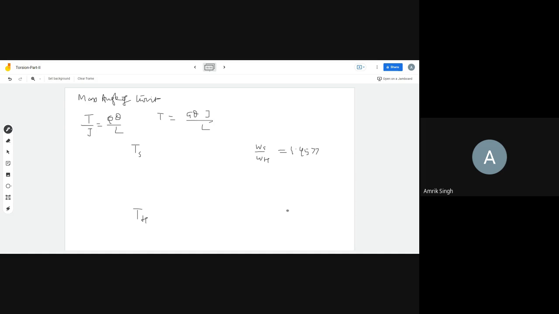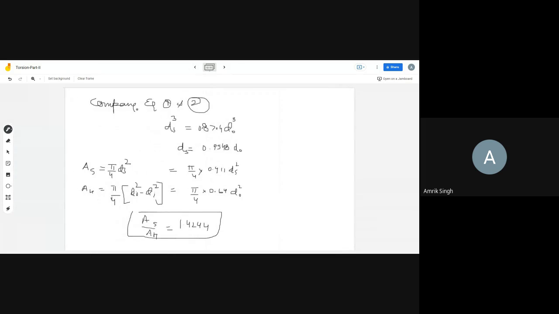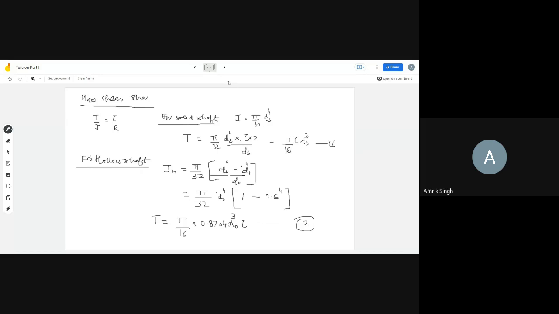Okay. So that means here, weight will be in the proportion of their area because the material is the same, so density will be the same. This is for the maximum angle of twist criteria, and here it is based on the maximum shear stress criteria.